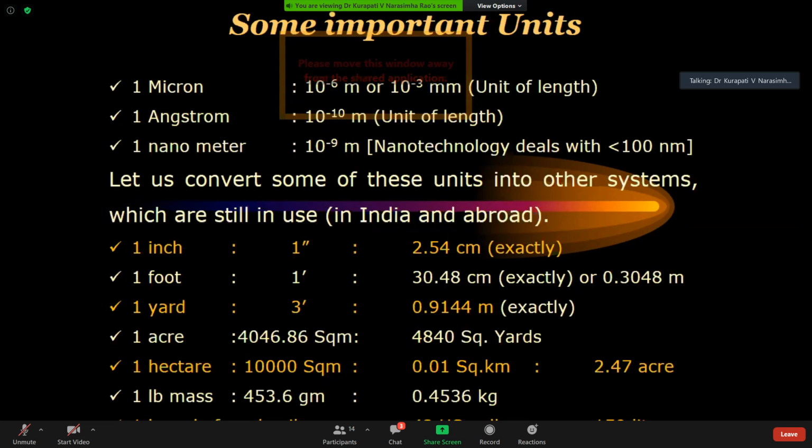So 1 by 1 crore is typically the level of size. Nanometer is 1 by 1 billion. 1 billion is 1,000 million. Normally in the newspaper you might have seen the foreign exchange reserves are so many $1 billion.